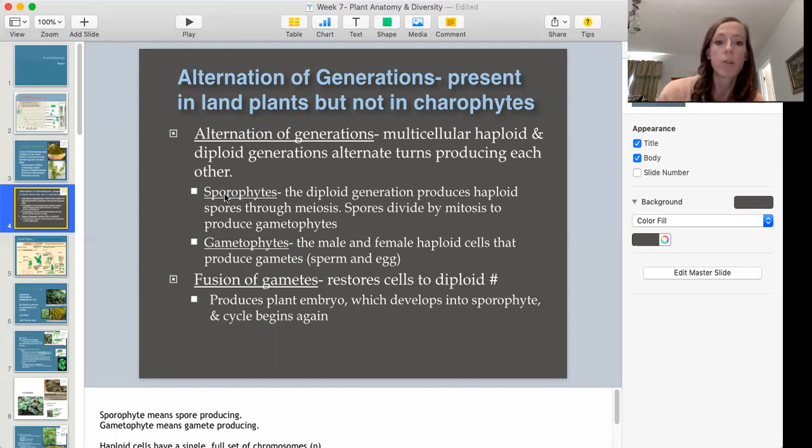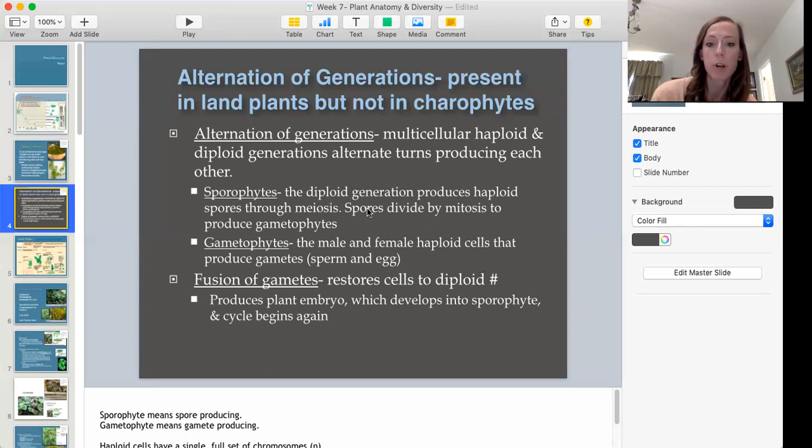So a sporophyte, the word itself means spore producing. A sporophyte is going to be the diploid generation that produces spores. Now the spores are haploid, so obviously the sporophyte, which is diploid, has to undergo meiosis to produce the spores, okay?